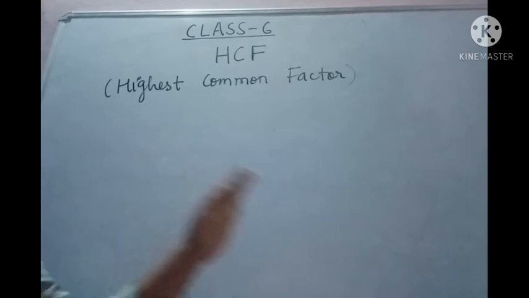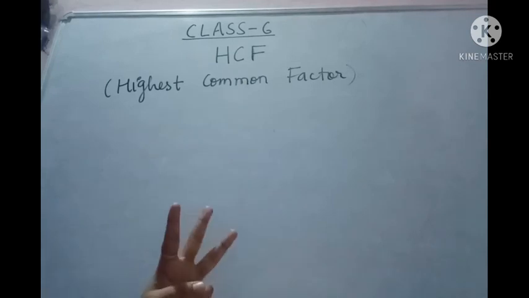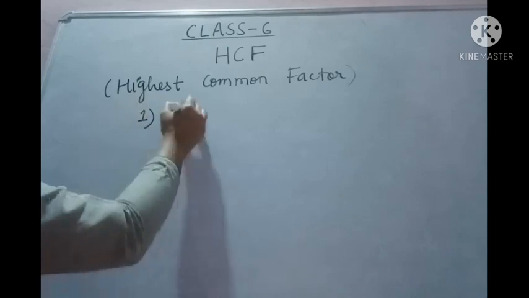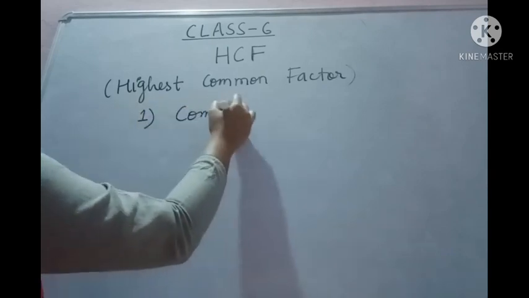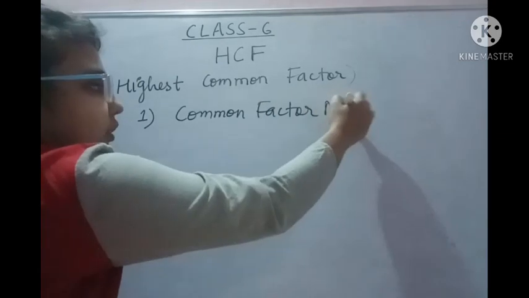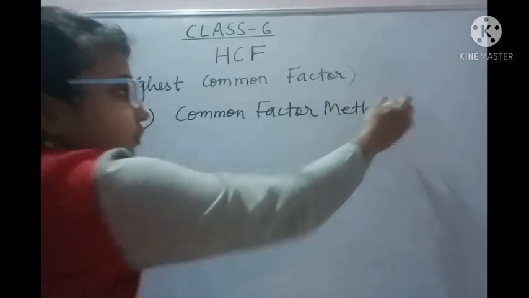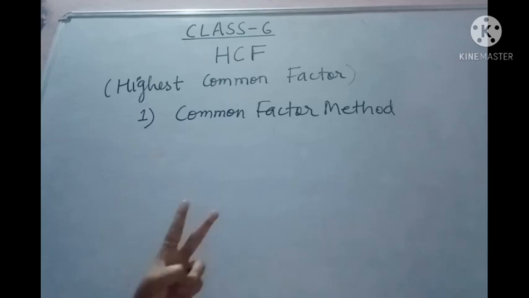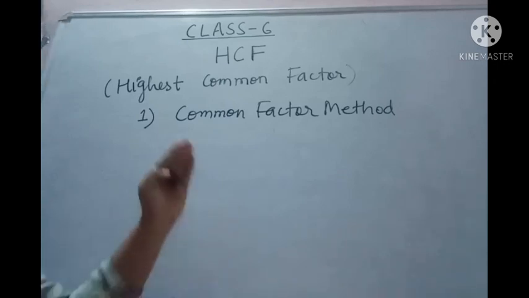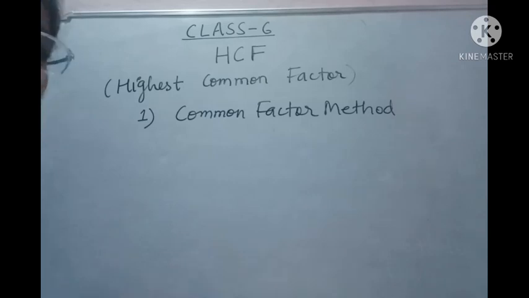How to find HCF? We have three methods to find this HCF. The very first method is the common factor method, in which we find the common factors of the two terms given to you, or three terms, and then find the common factors in them. The highest common factor will be known as your HCF.